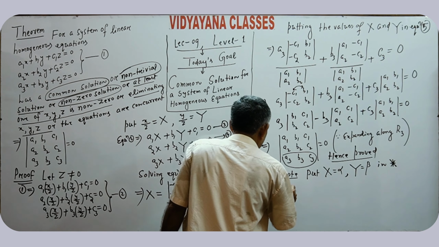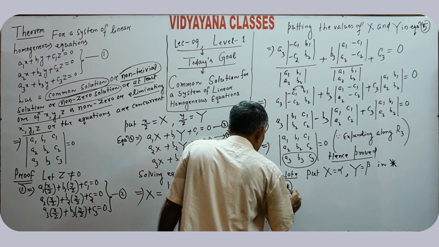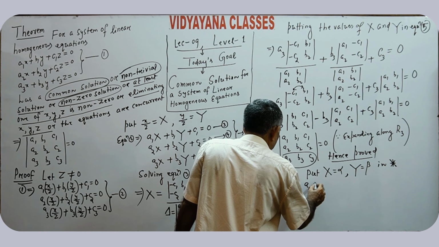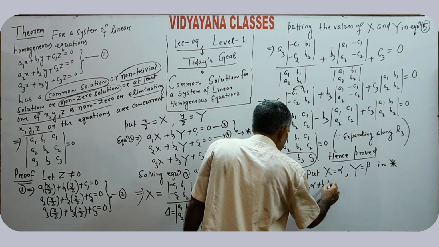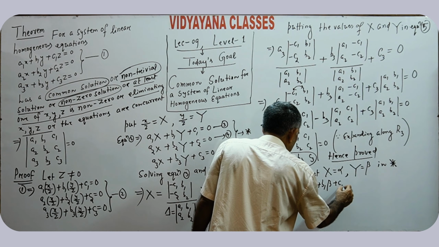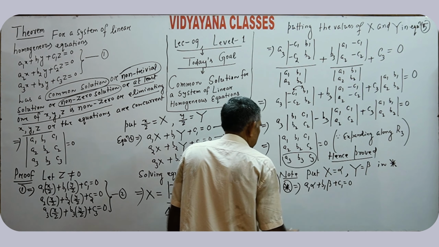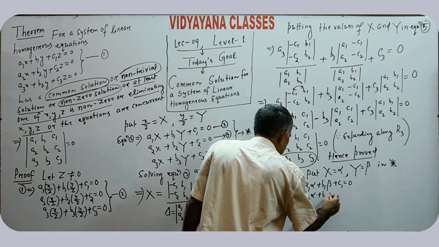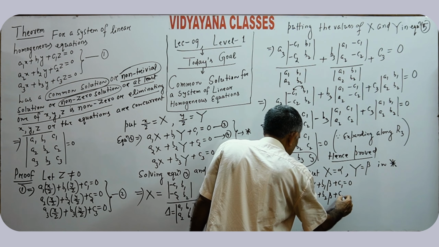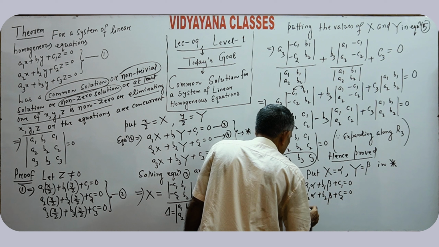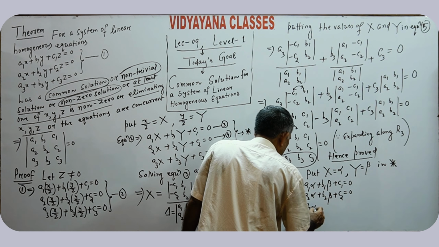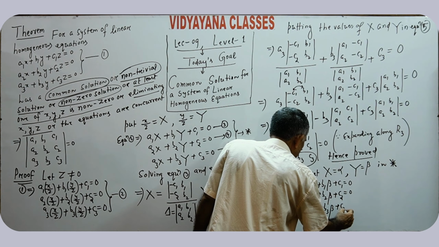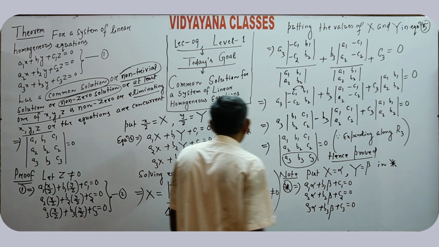Star implies A1 alpha plus B1 beta plus C1 is equal to 0. A2 alpha plus B2 beta plus C2 is equal to 0. A3 alpha plus B3 beta plus C3 is equal to 0.